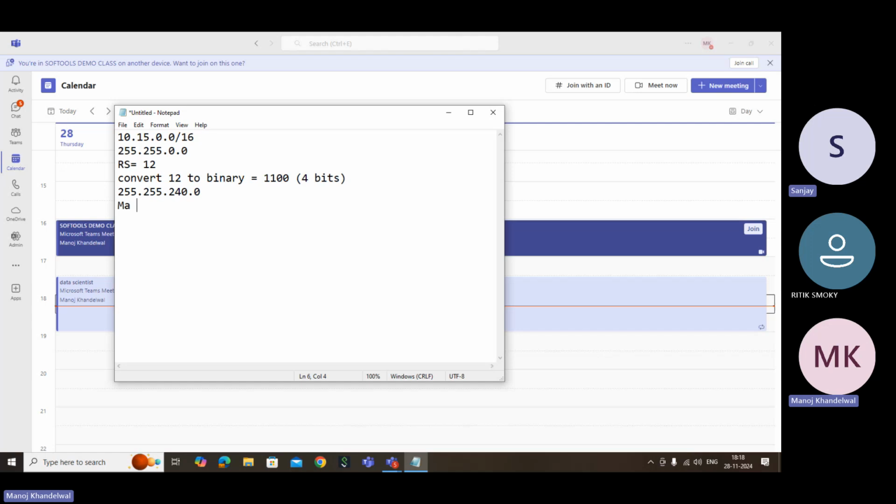We see the maximum number of subnets: 2 to the power of 4, which is equal to 16.